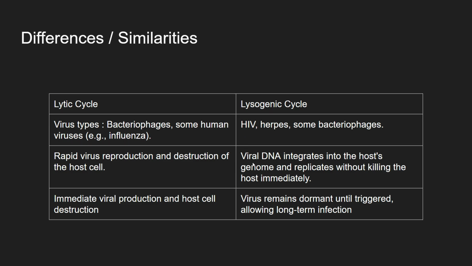Lysogenic cycle is for replicating dormantly without killing the host cell, so it can be much more devastating over time. Lytic cycle is, this is just a function. It's viral and the host cell is destroyed, and the lysogenic remains dormant until it gets triggered, allowing a more long-term infection.